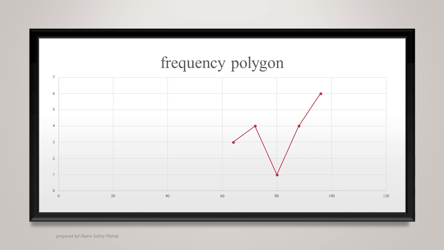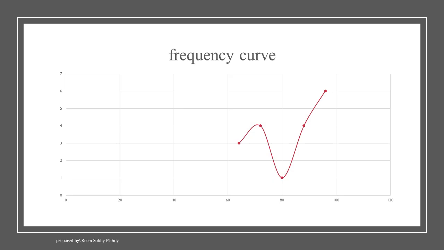The third chart is the frequency curve. So these are the three types of charts that you can use in order to present the continuous quantitative data or variable using charts.